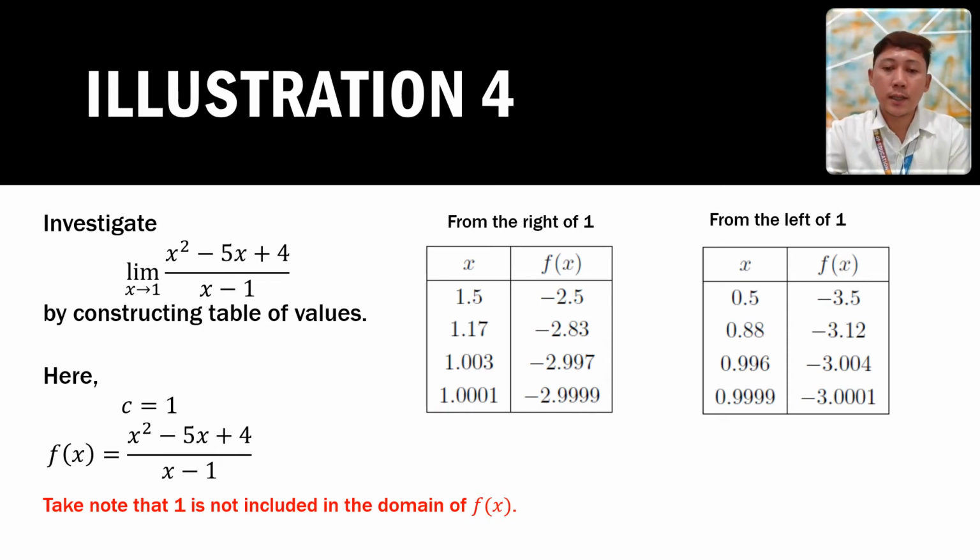So as you can see, the values of our function are approaching the number c. So therefore, we can say that the limit of x squared minus 5x plus 4 all over x minus 1 as x approaches 1 is equal to negative 3.